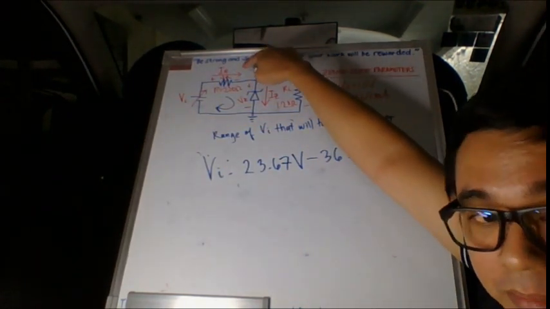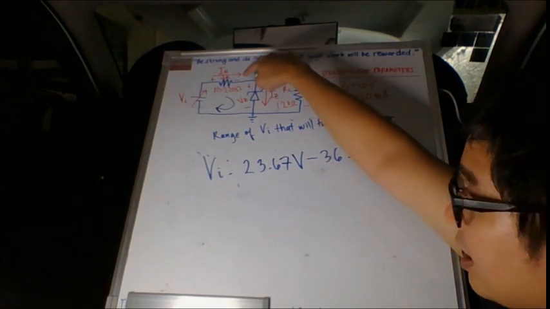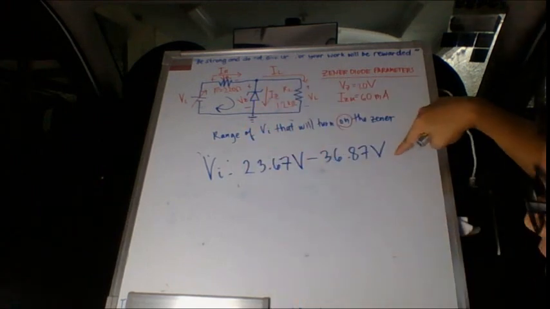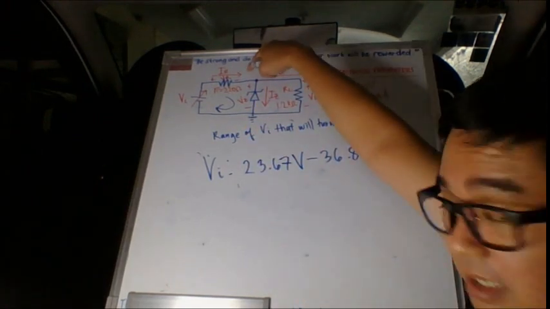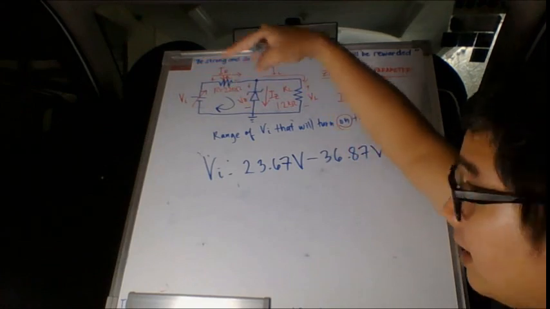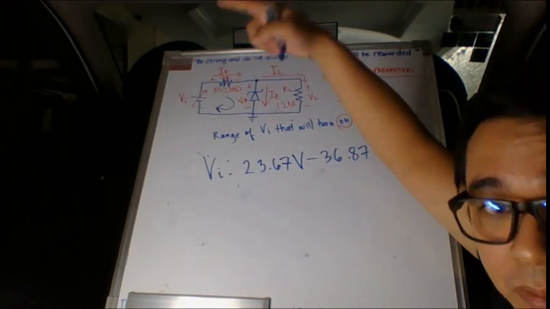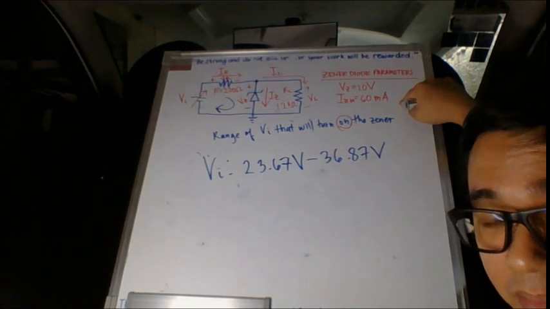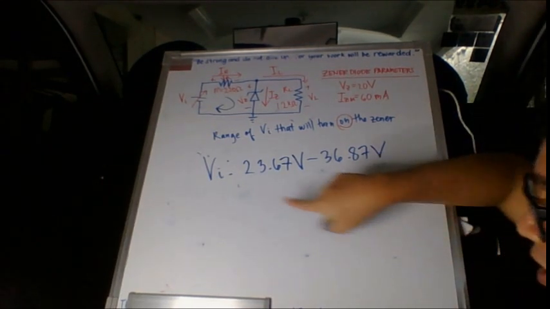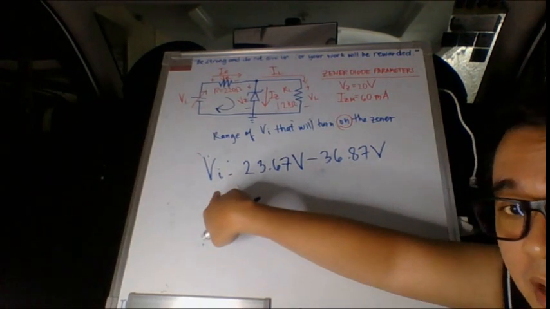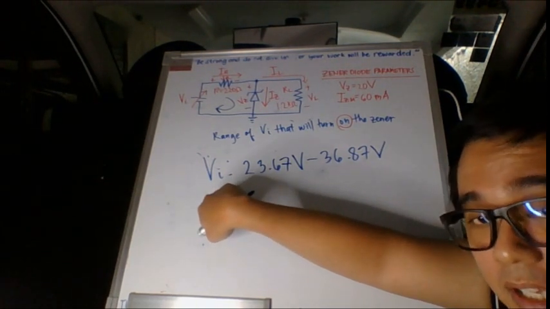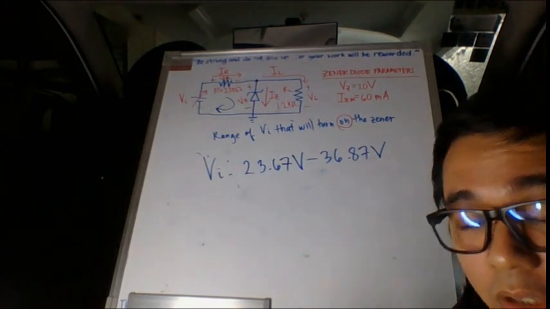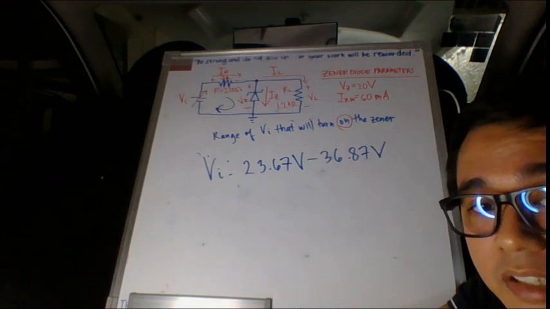Maximum din. Pag maximum yung I sub R, maximum din yung Zener current natin. What if tinaasan mo pa to? Anong mangyayari sa I sub R? Mas lalo siyang tataas. Anong mangyayari sa I sub Z? Mas lalong tataas. Therefore, lalagpasan na niya yung IZM. Masisira yung Zener diode natin. So kapag mas mababa, hindi mag-on, bagkus siya ay naka-off, dahil hindi naabot ng voltage divider yung nararapat na voltahe to reach the nominal Zener voltage.